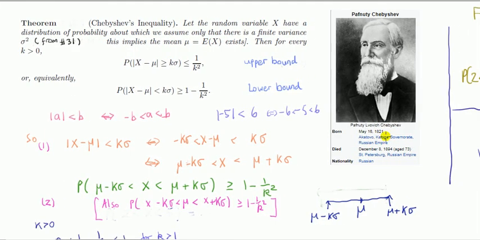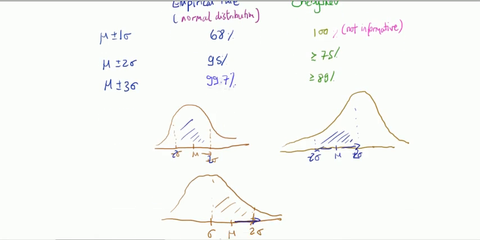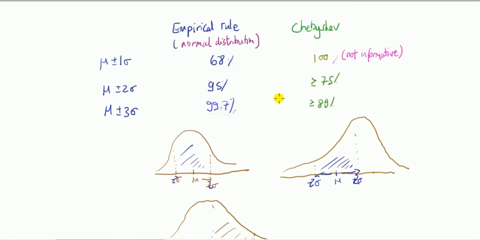Now, the empirical rule, otherwise known as the 68, 95, 99.7 rule, says that if the random variable is normally distributed, then about 68% of the data points lie within 1 standard deviation on either side of the mean, about 95% lie within 2 standard deviations, and 99.7% within 3 standard deviations, and you could get those values by, for example, looking up the standard normal tables.